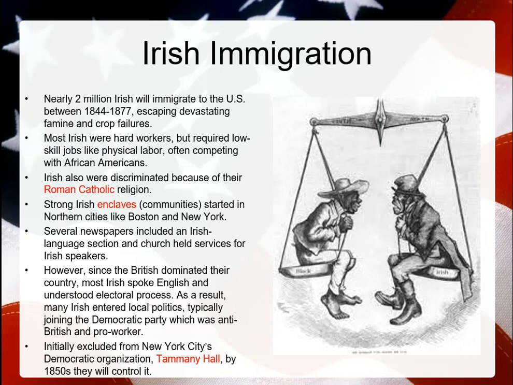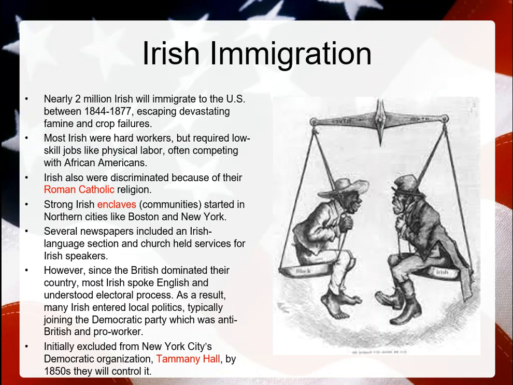They're going to be hardworking people, but they're going to have low skills, so they're going to compete a lot with African Americans as a result. Irish are going to typically be Roman Catholic, and that's going to be a problem because America is proudly Protestant, largely.